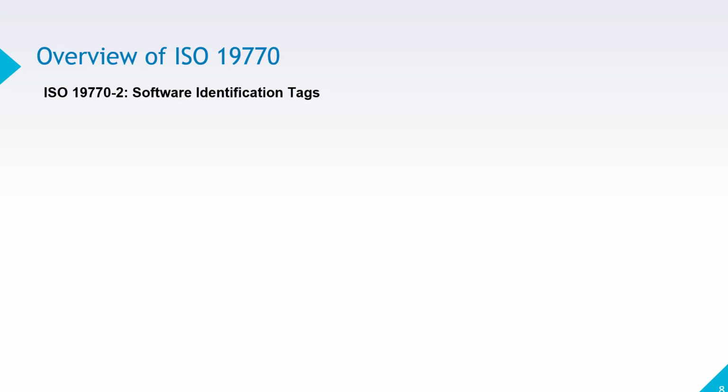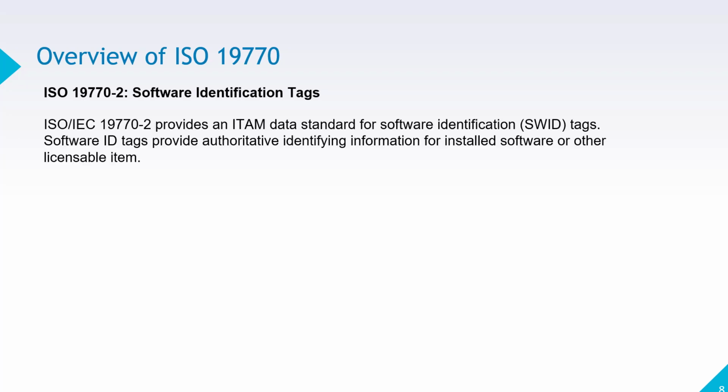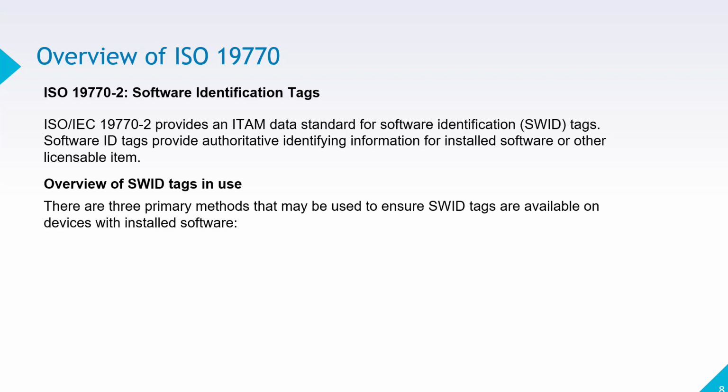ISO 19770-2, Software Identification Tags. ISO 19770-2 provides an ITAM data standard for software identification tags. Software ID tags provide authoritative identifying information for installed software or other licensable item. Overview of tags in use.